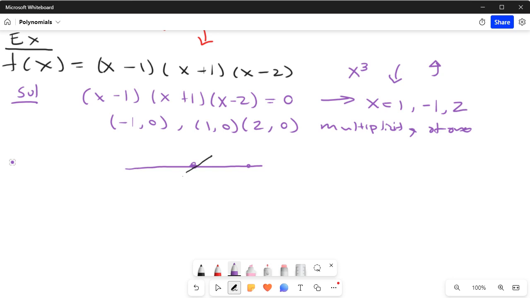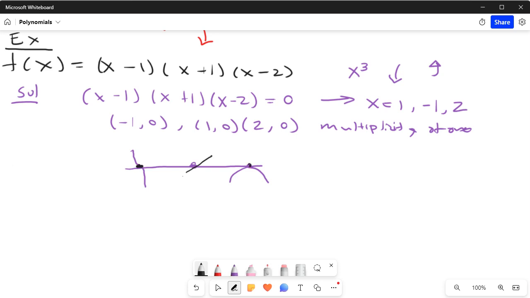If anything has an even power, it's just bouncing right off of the x-axis. So this would be like if it's squared. But if it was cubed, well, that's interesting because it kind of wiggles through the x-axis, if that makes sense.